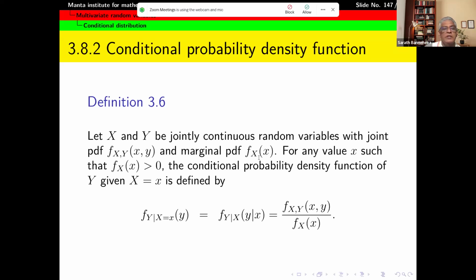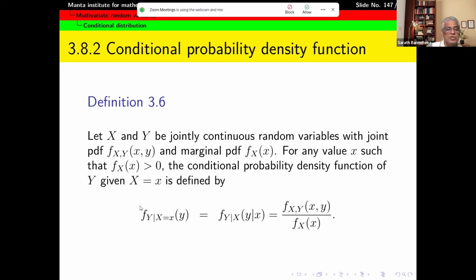In order to define that, the density function of x evaluated at simple x should be non-zero, a positive value. Then the conditional probability density function of y given x equal to simple x is defined by a very similar idea. But of course, these are not probabilities now, they are probability densities.